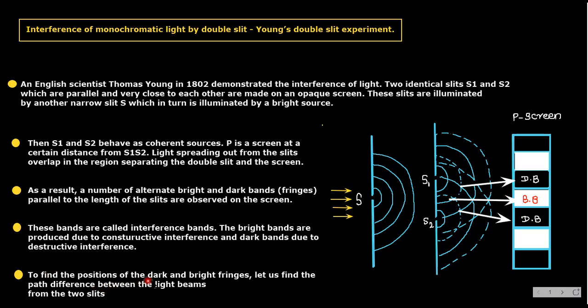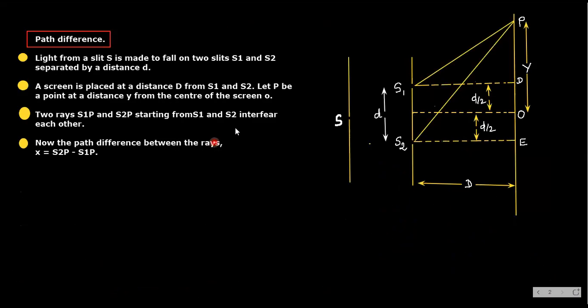So to find the positions of the dark and bright fringes, let us find the path difference. Now see here, this is a source. This is slit S. These are the two slits S1 and S2, which are separated by a small distance d.